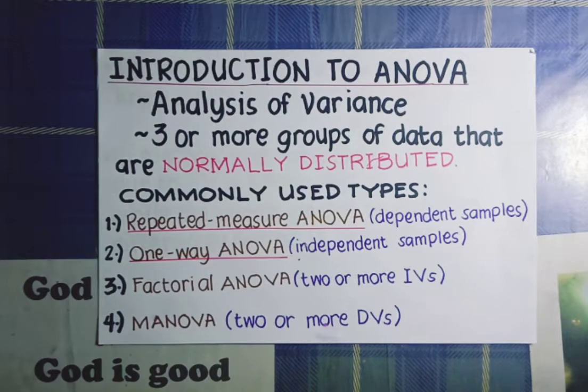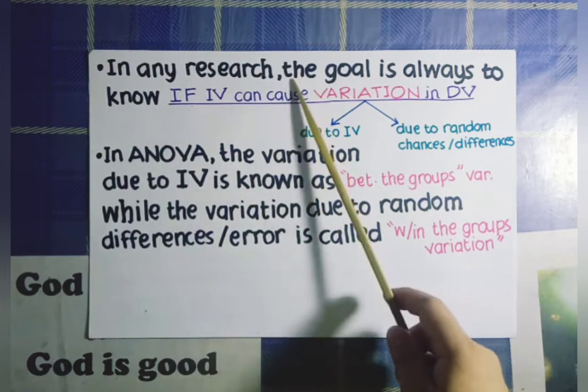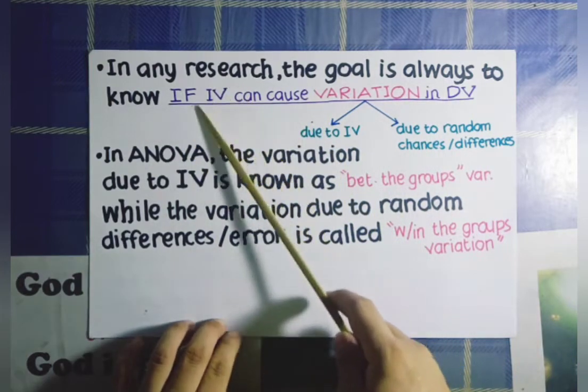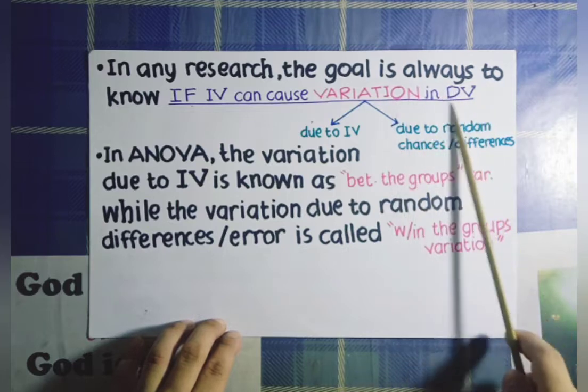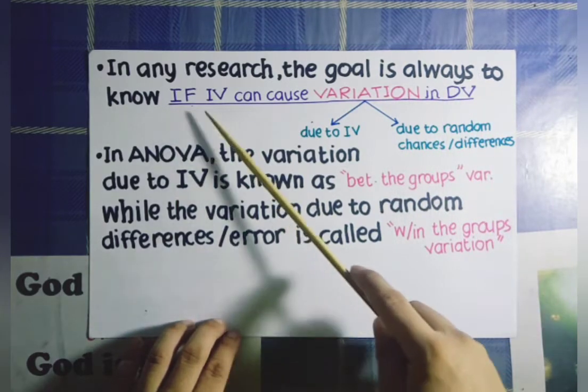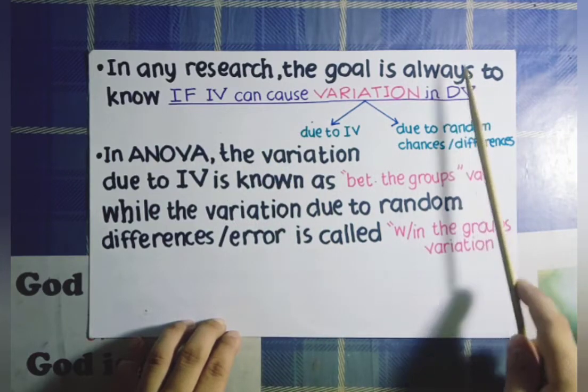Now what is the idea behind ANOVA? Now in any research, the goal is always to know if our independent variable can cause variation in the dependent variable, or if our independent variable can affect our dependent variable.